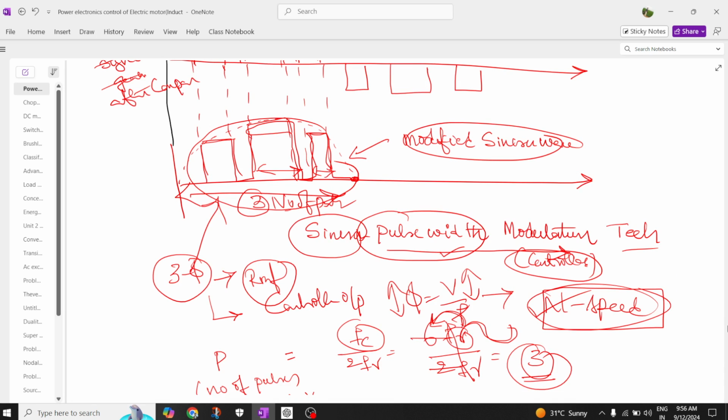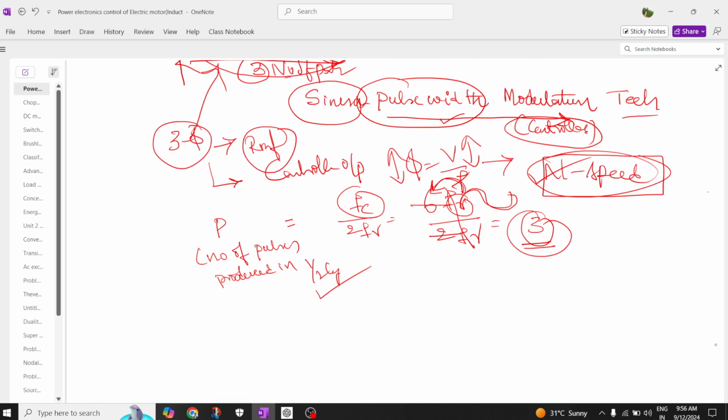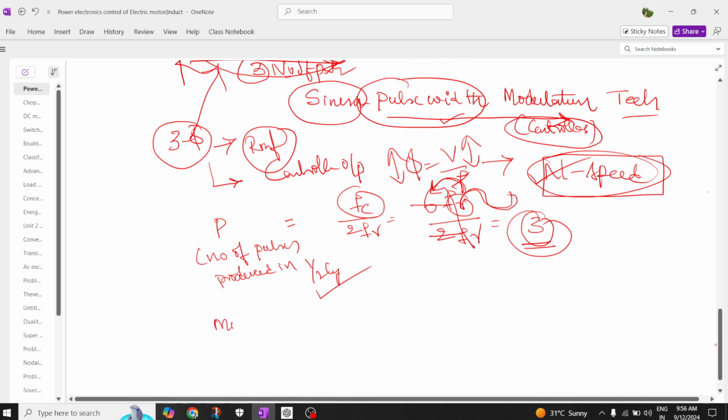And to vary the pulse width, you have one more formula, which is called the modulation index. Modulation means control, and index means controlling index. So the modulation index is defined as the magnitude of the reference voltage divided by the magnitude of the control signal.